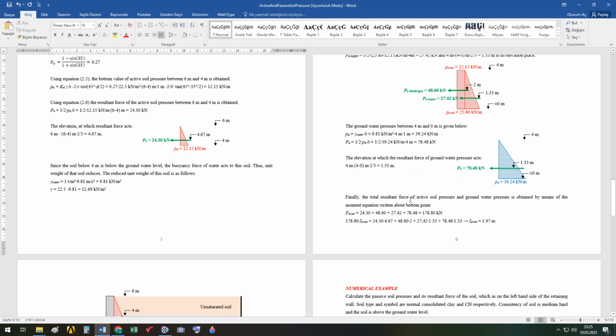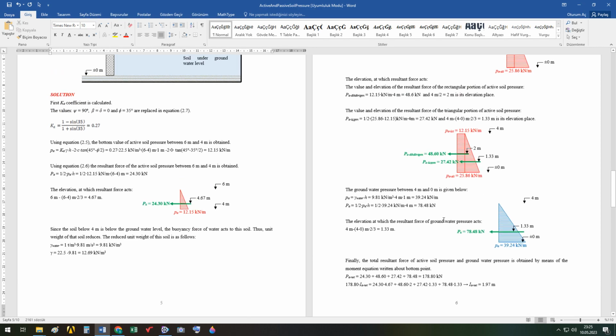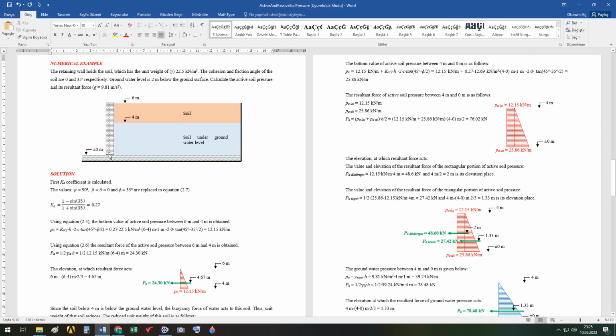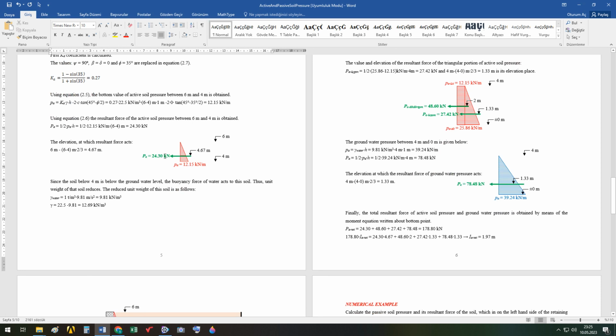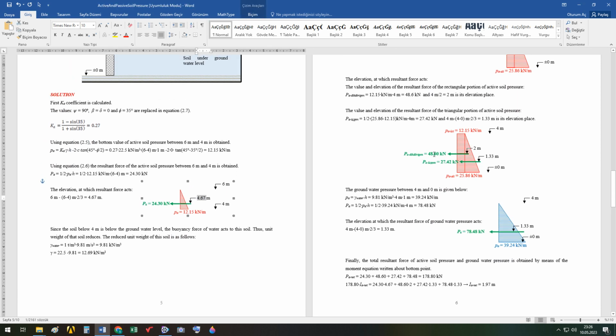Finally, the total resultant force of active soil pressure and groundwater pressure is obtained by means of the moment equation written about the bottom point, this point, zero elevation. So this force has a moment arm of so much. This force has a moment arm of so much, this force has a moment arm of so much, and this force has a moment arm of so much.